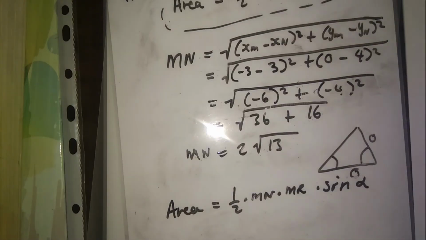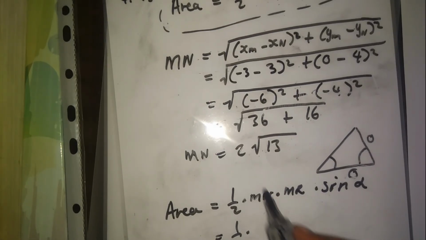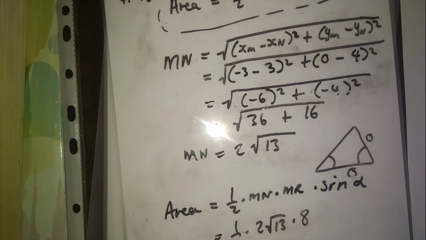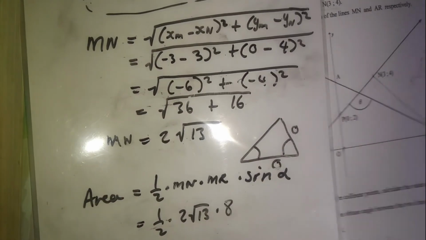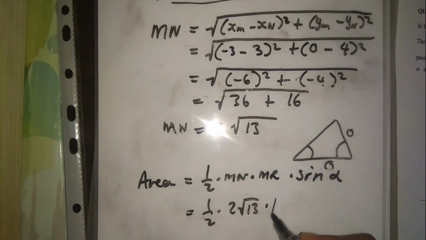MN we calculated as 2 root 13, times MR, which we calculated as 8. Remember, MR is equal to 11. Yes, it's 11, not 8. So it's 11 multiplied by sine alpha.